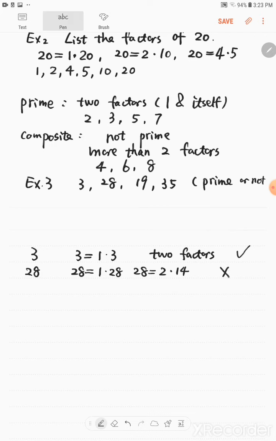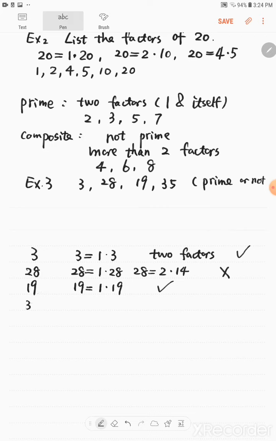So it's not a prime number. Let's check the third number, 19. 19 equals 1 times 19. And there is no other way to write 19. So it only has 2 factors, 1 and itself. Yes, it's a prime number.